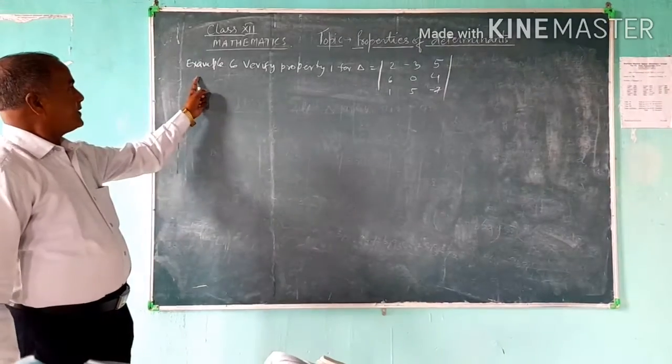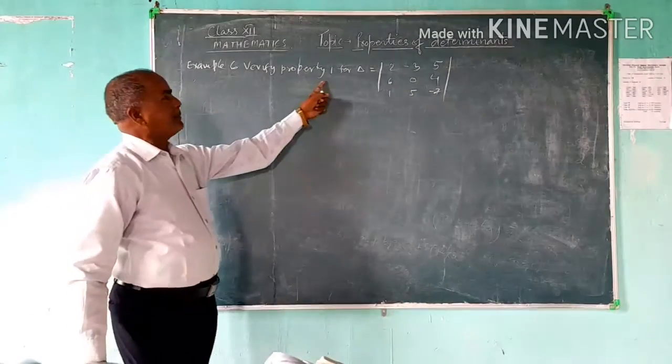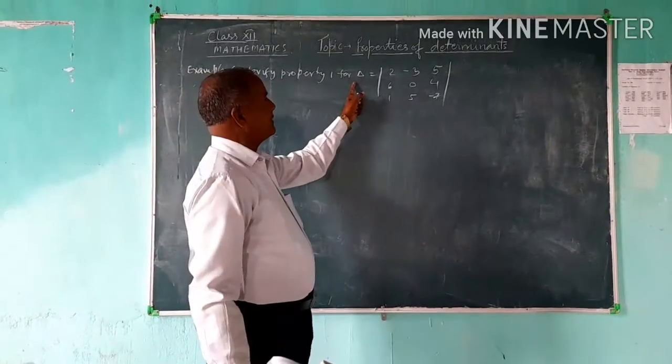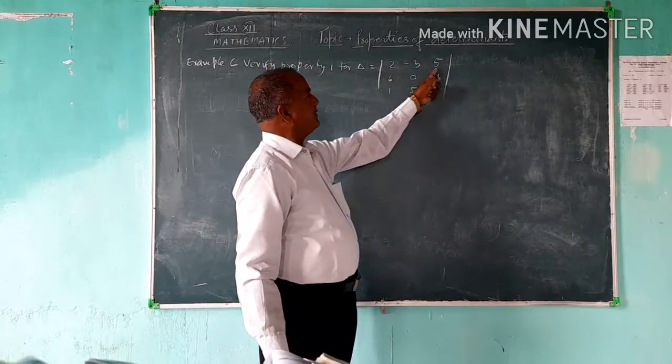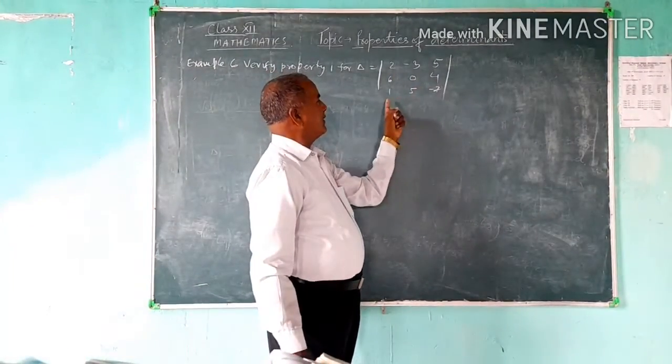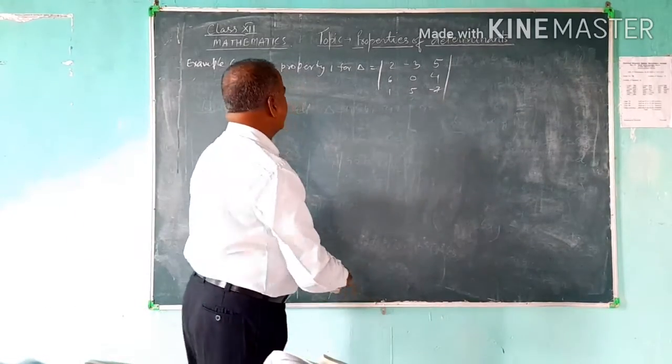So dear students, example 6: verify property 1 for delta equal to the determinant 2, minus 3, 5; 6, 0, 4; 1, 5, minus 7.